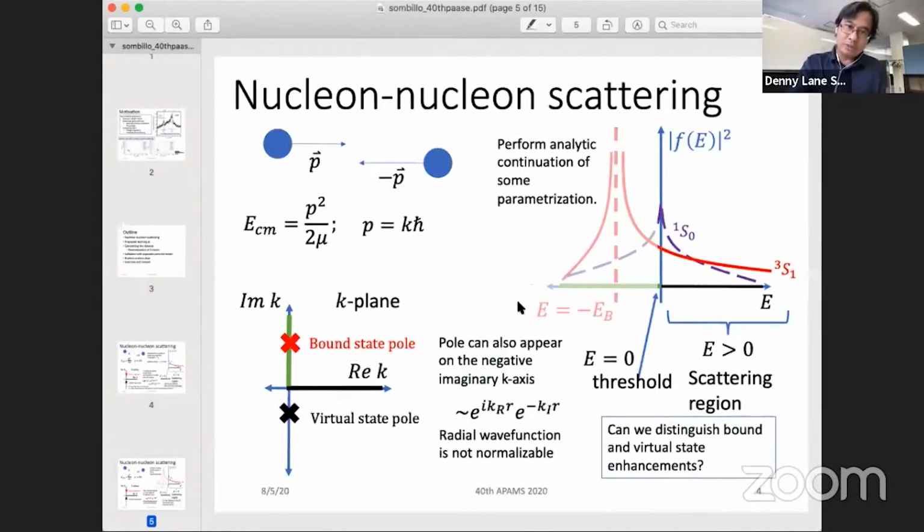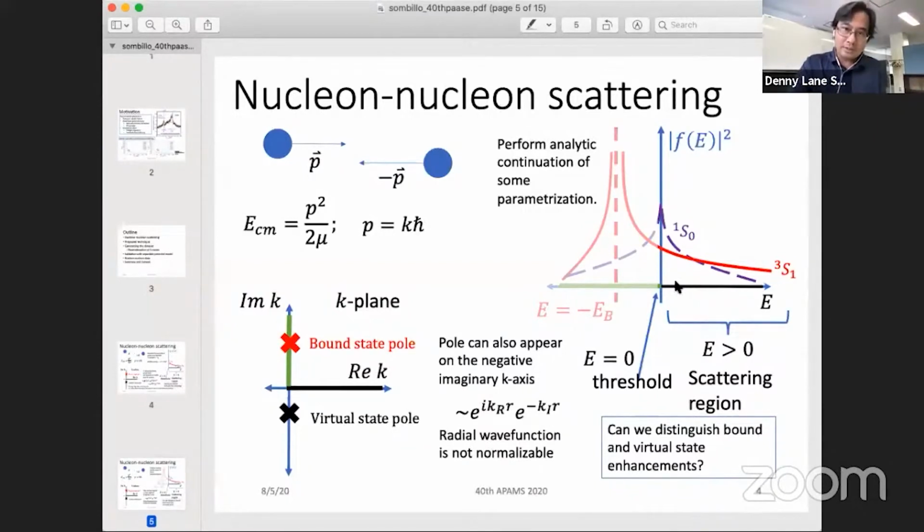But another problem is this. In addition to the bound state, where the pole is located on the positive imaginary momentum axis, you could also have a pole on the negative imaginary axis. If you look at this expression for the spherical wave function, k sub I here is negative, which means your wave function is not normalizable. So this is not really a physical state.